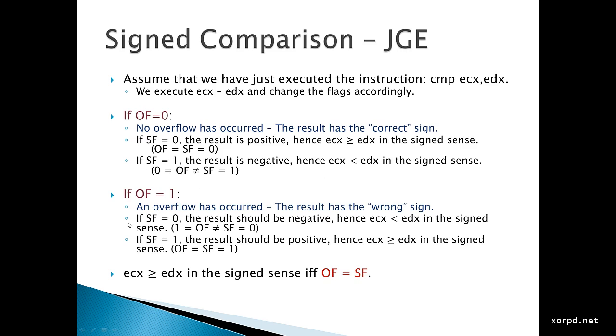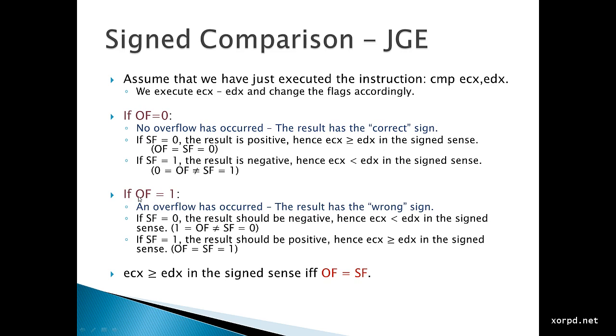Now there is a bit of text here. Make sure that you are not overwhelmed, for example. That is because we can easily separate this text into 4 cases. All this text is just about checking all the possibilities of the overflow flag and the sign flag. In this part, we check what happens if the overflow flag is 0, and we check 2 cases, sign flag equals 0 and sign flag equals 1.